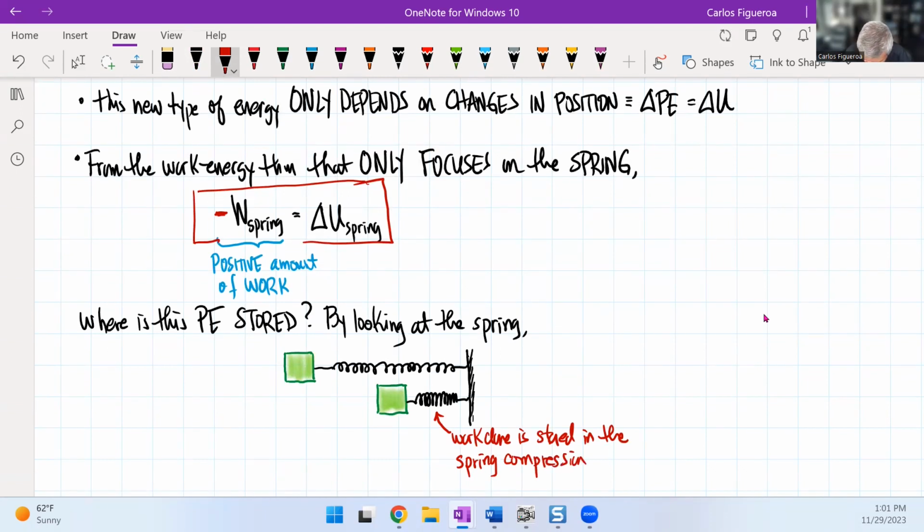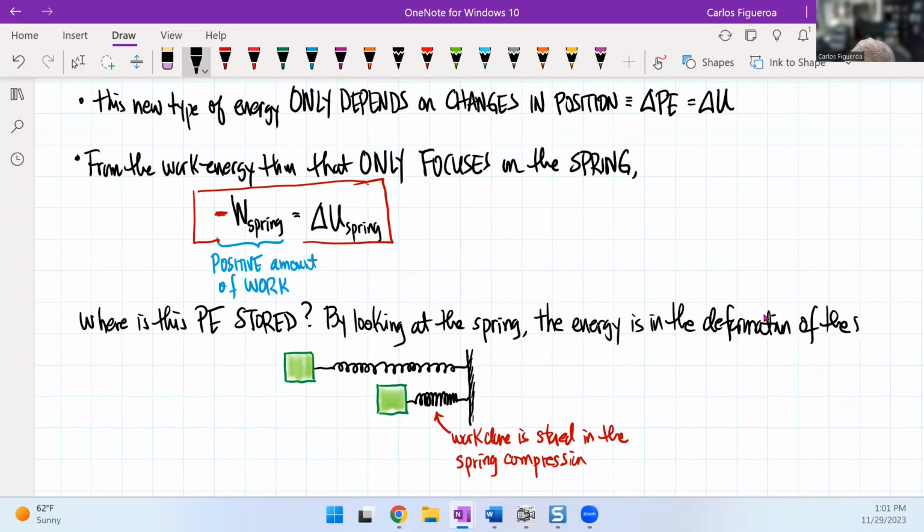By looking at the spring, the energy is in the deformation of the spring. The fact that you're compressing and deforming the shape of the spring tells you that it has to be in the spring. So you can physically see that.